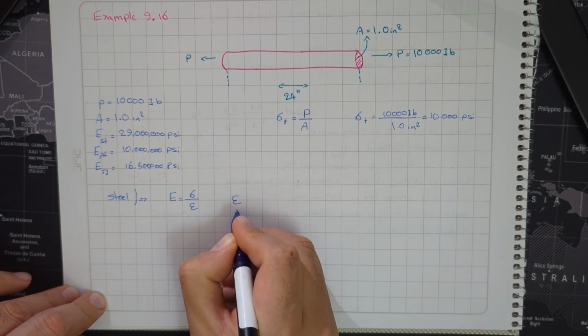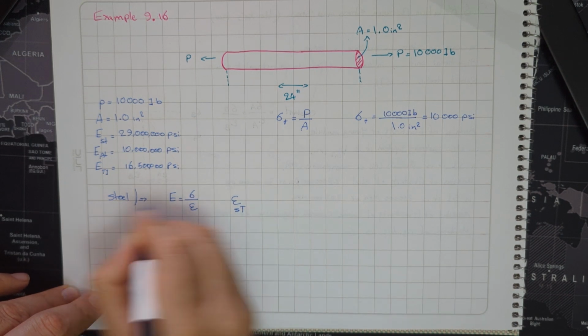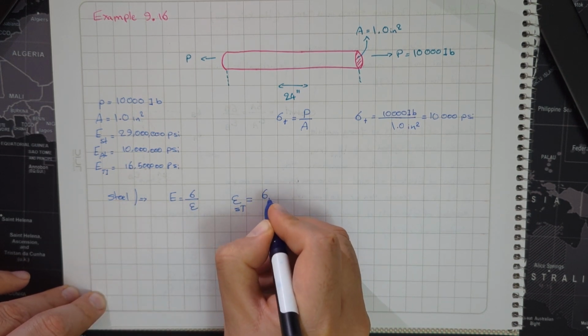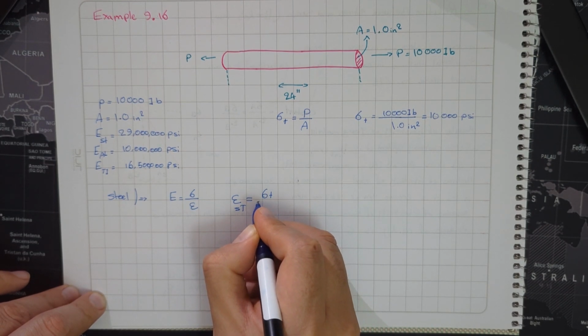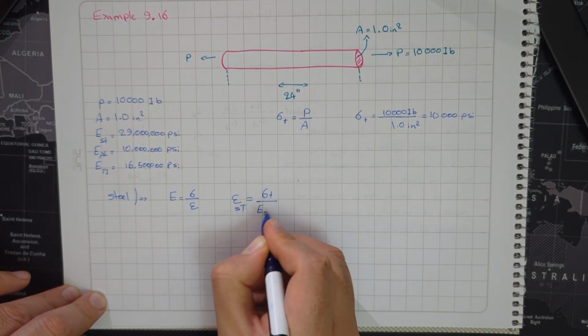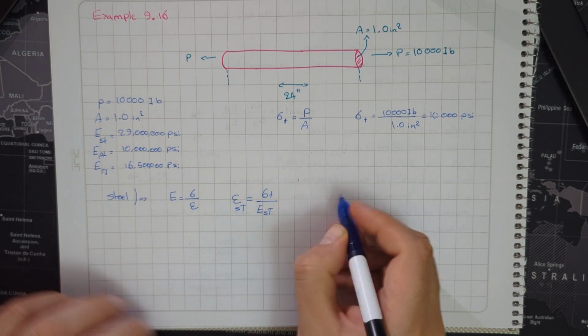Epsilon of steel equals sigma total over modulus of elasticity of steel.